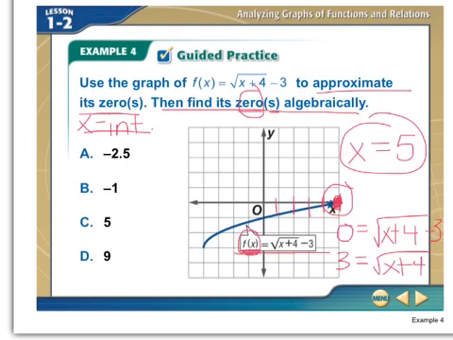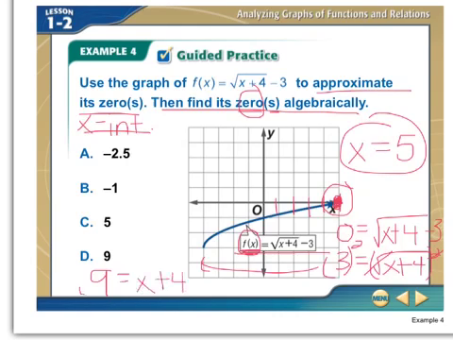Now, to get rid of the radical or the square root, I'm going to square both sides. Square root and square cancel each other out. And I get 9 equals x plus 4.